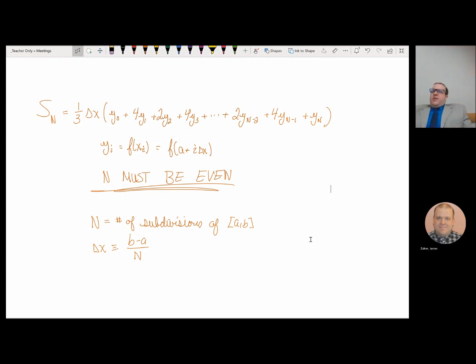It's sort of like iteration in that if you want it to be accurate within a certain number of decimal places, you're going to have to calculate S2, then S4, then S6, then S8, and you keep going until your last two agree to those decimal places. If it's 5, you keep going until your answers agree up to 5 decimal places. You have no idea how long that's going to take until you actually start doing it.